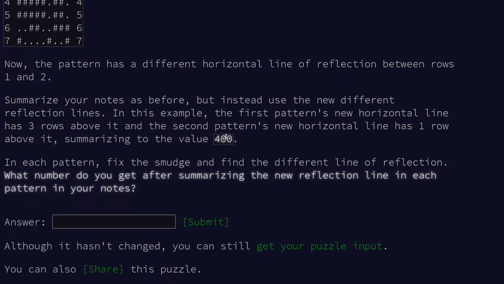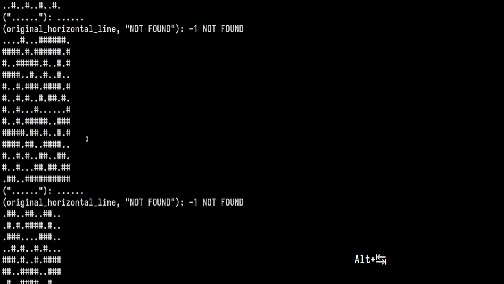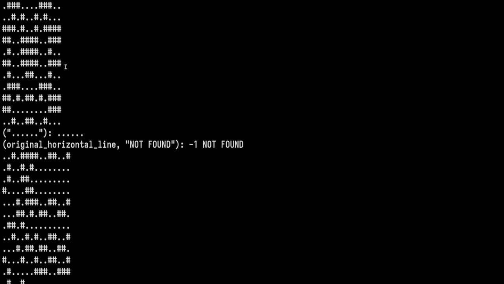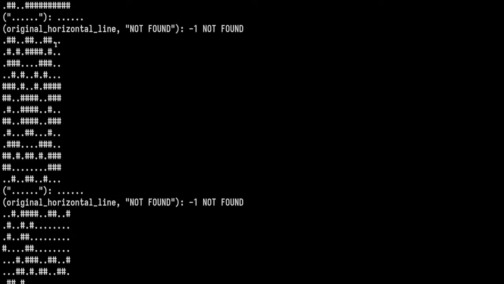Or maybe once we find a smudge, but we don't find them in these cases, maybe it is present in the vertical case. I can see this is one vertical thing, the last two columns.